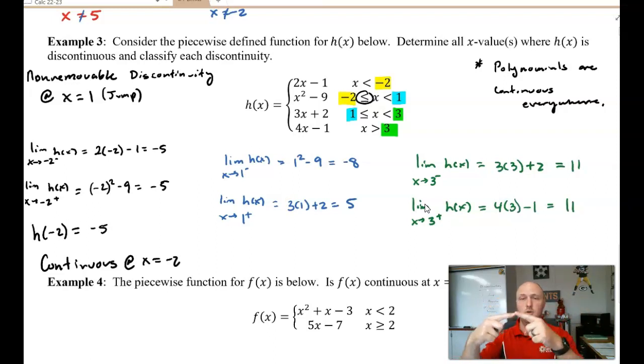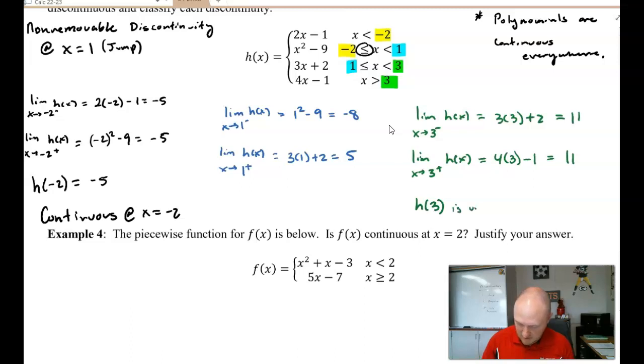They connect. But now I've got to watch out for removable discontinuities. Do I have any holes that are messing me up? So what is h of 3? If I plug in 3, is my function ever equal to 3? No. H of 3 is undefined. What does that mean? It means there's a hole there.